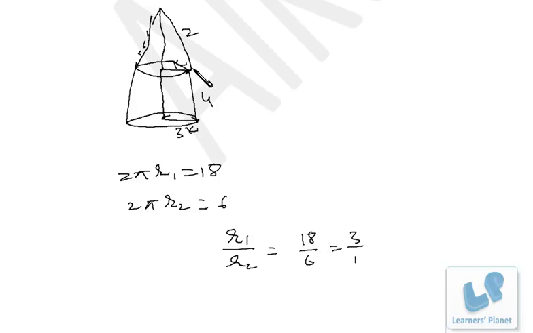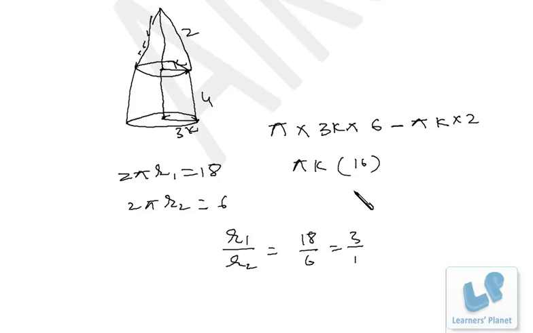Now we have to find out the curved surface area of this frustum. So curved surface area of the bigger cone, that is pi into r, that is 3k into L. L is what? 6. Minus curved surface area of the smaller cone, that is pi k into 2. So pi into k is common and it is 18 minus 2, that is 16. Okay.